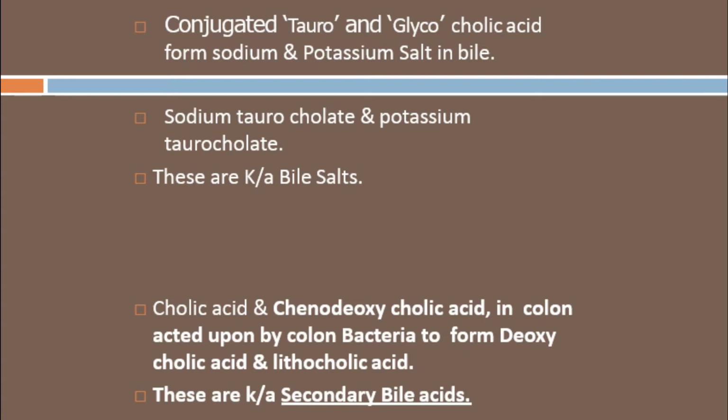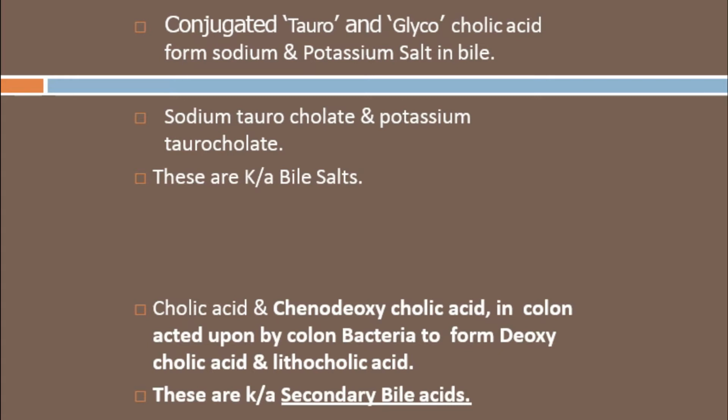The cholic acid and the chenodeoxycholic acid will then reach the colon. They will be acted upon by bacteria. And as the bacteria act on these in the colon, they will form deoxycholic acid and lithocholic acid. These are known as secondary bile acids.